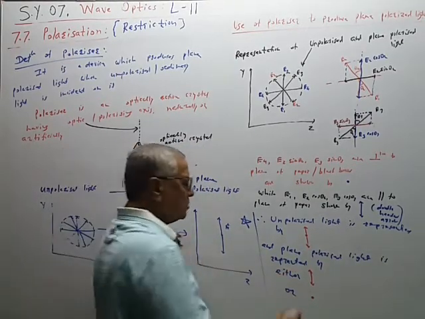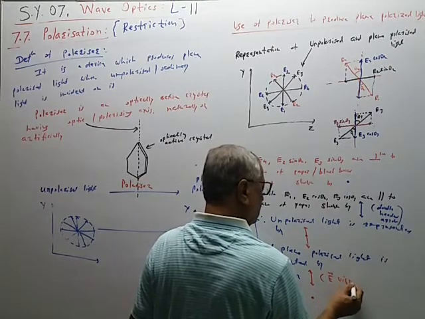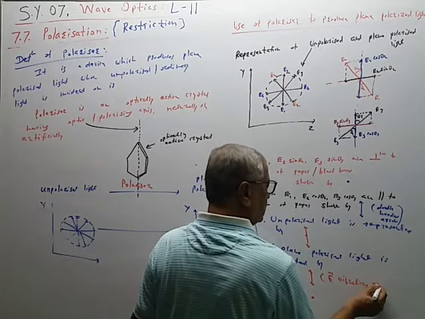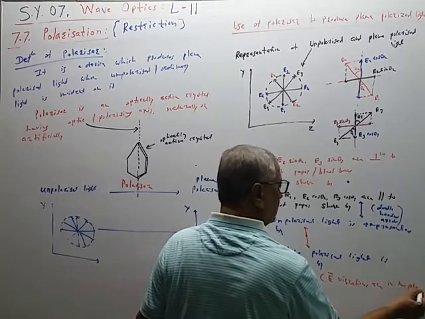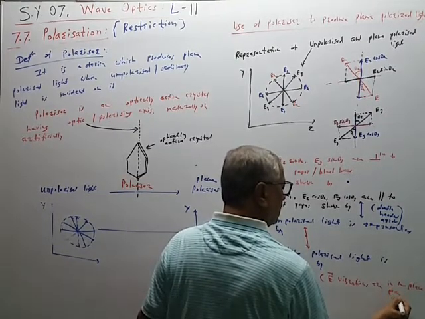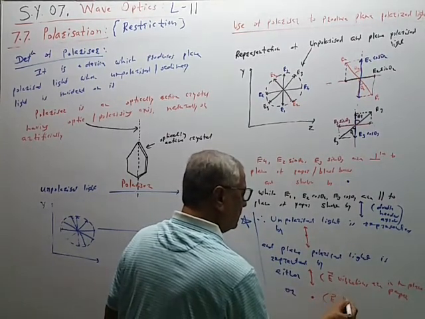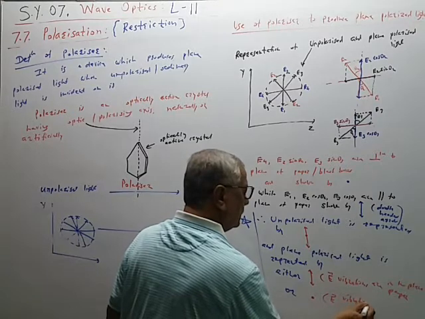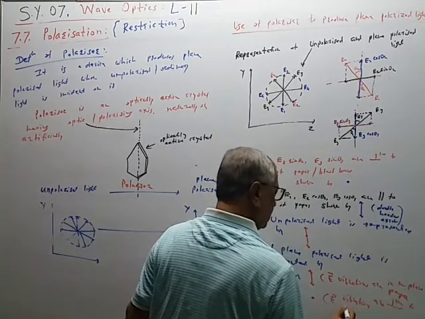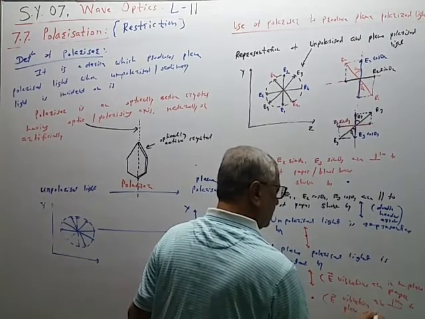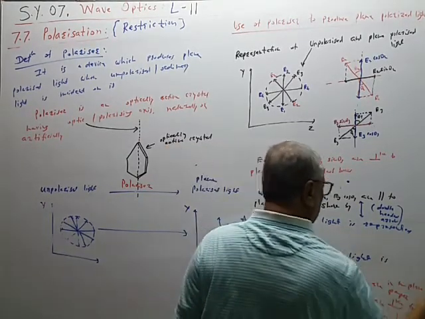So the E vibrations are in the plane of paper in one case, and in the other case the E vibrations are perpendicular to the plane of paper. So this is the representation.